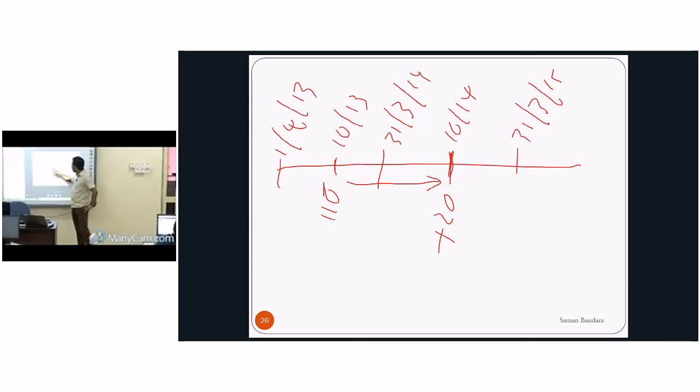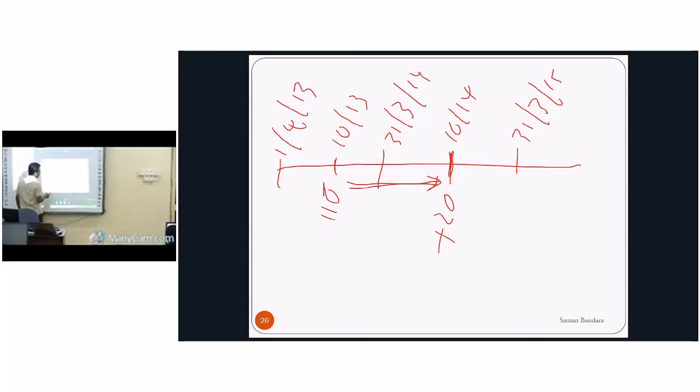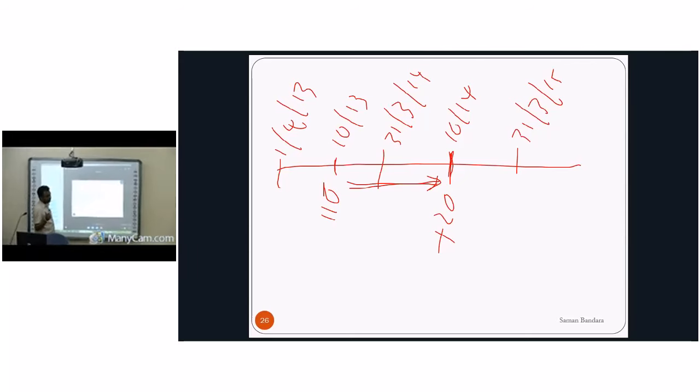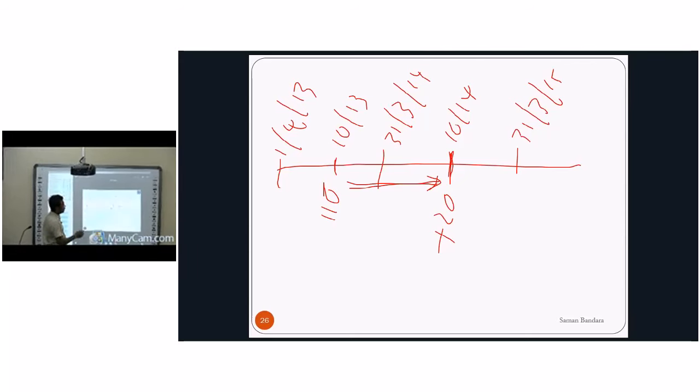Depreciation: 110 minus 10 divided by 5. It's 20, but remember, 20 out of which 10 is for this period and 10 for this period. Understand? Why? Because the financial year ended by this date.